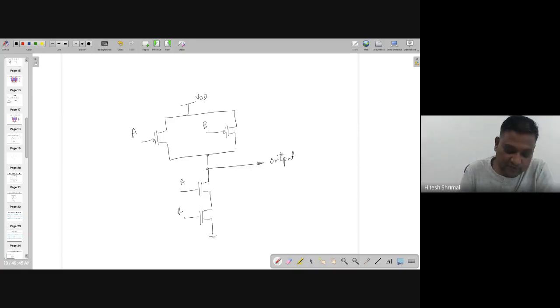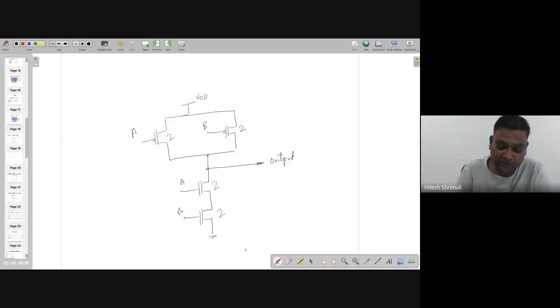So I know that with the Weste and Harris understanding, the ratio is 2. So if I want to make these two as 1, I need to make 2 each, so that the series combination is going to give me 1, right? And for making the ratio of 2, I need to keep both of them 2, right? By the way, this is a NAND gate.